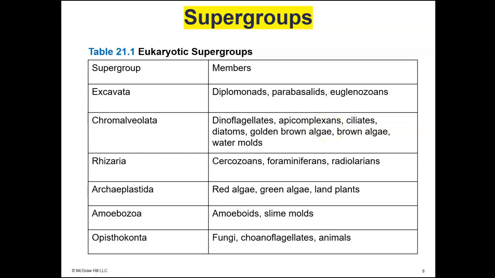But you just need to know this table, and then you need to make sure that you study that chapter 21 practice test. A lot of what's in that practice test are examples of these protozoans and algae.